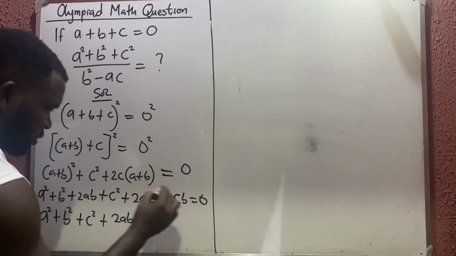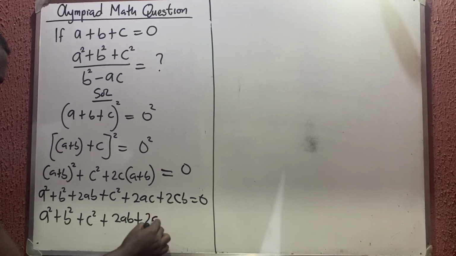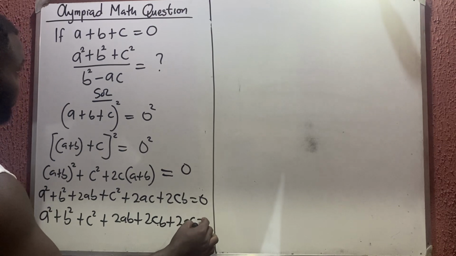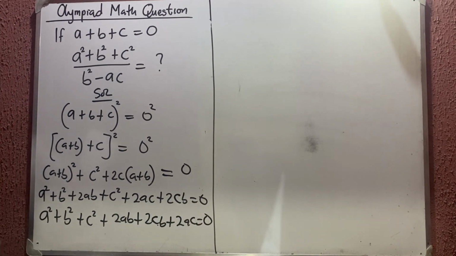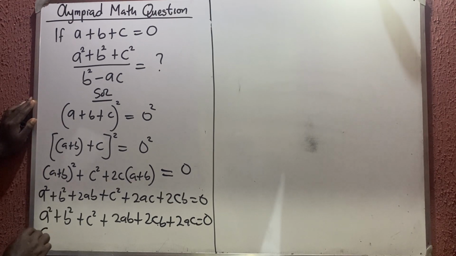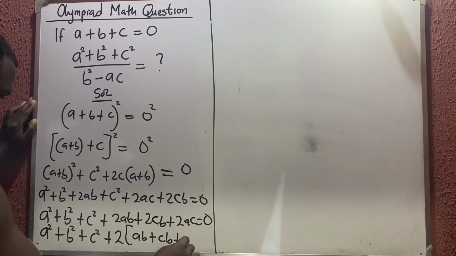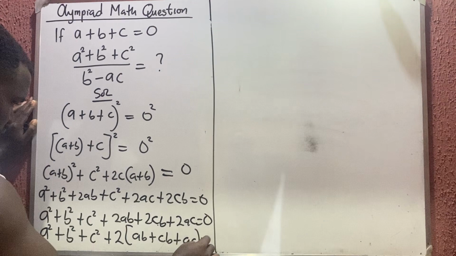Sorry, so plus 2cb, then plus 2ac is equal to 0. Now if you look at this, they have 2 in common. So I can have a squared plus b squared plus c squared plus 2 into (ab plus cb plus ac) is equal to 0.